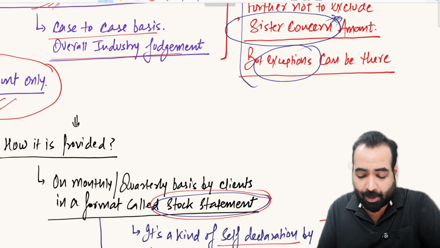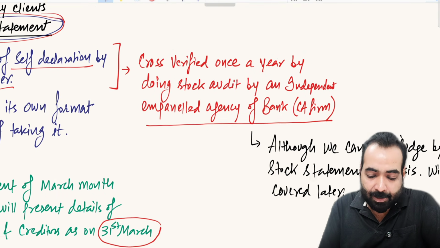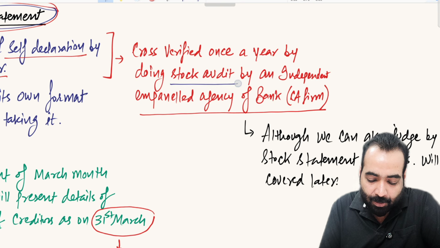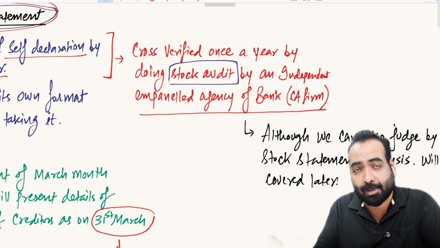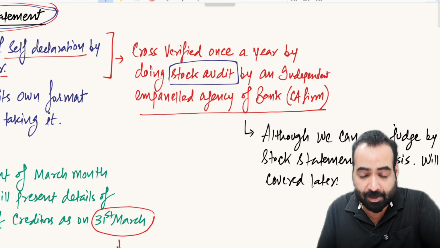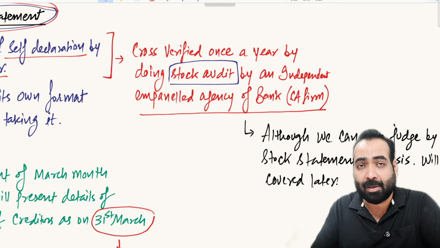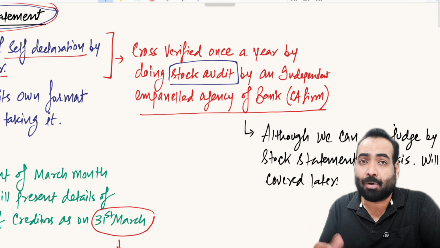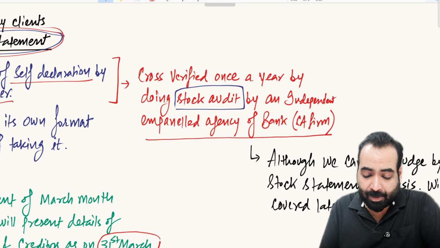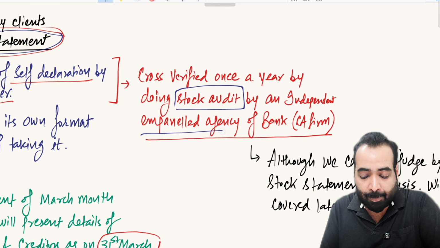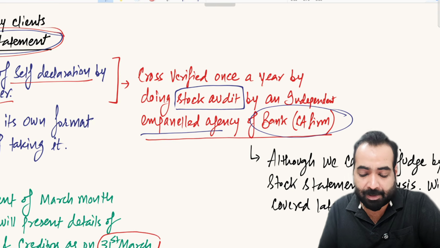So there is the risk of fraud, and due to this there is a concept of annual or monthly or quarterly or six monthly, half yearly stock audit in the banks. If a case is a very big ticket size case, more than 50 crore, 60 crore, then even a quarterly stock audit is also done by the banks. This stock audit is done by an external empanelled agency, which is basically a chartered accountancy firm.